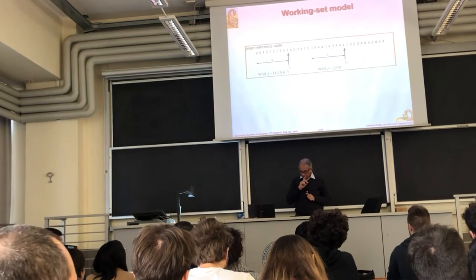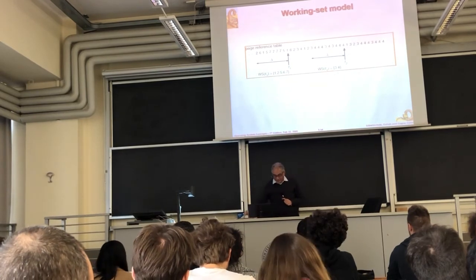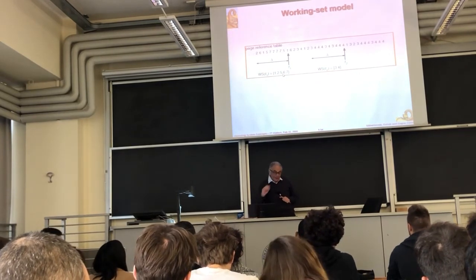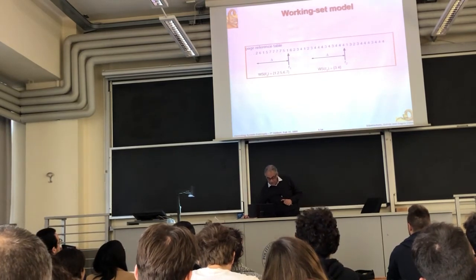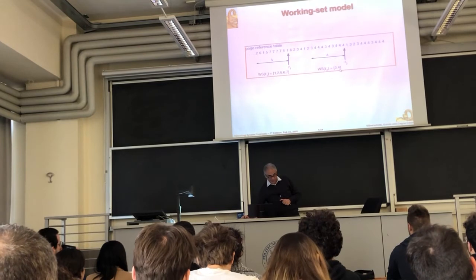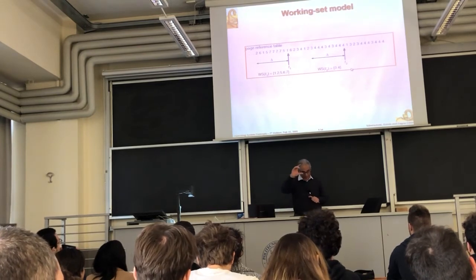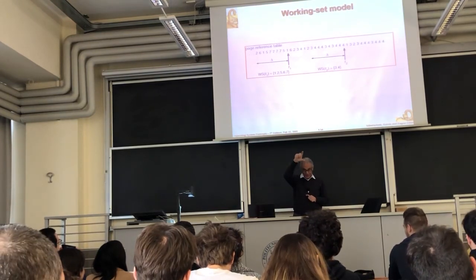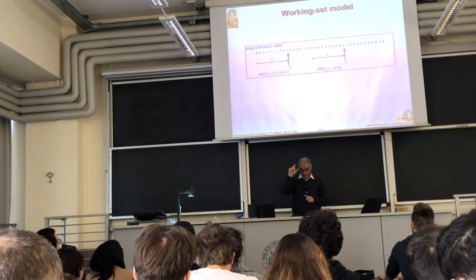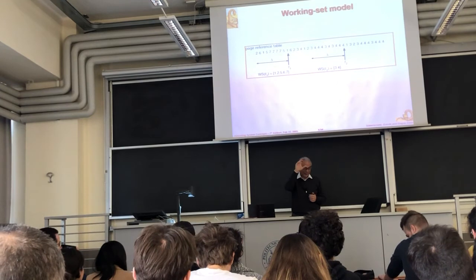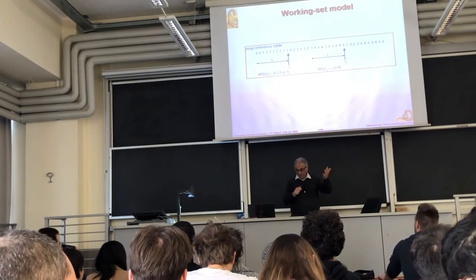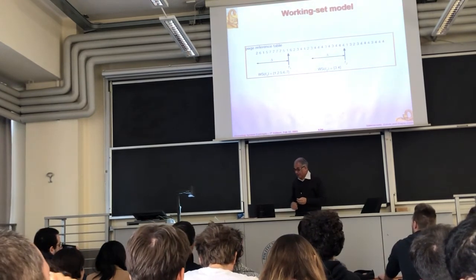First of all, as you can see here, the residence set or working set changes in time, while in the LRU and first in, first out strategy, the working set was fixed. It was the number of frames that we have. Okay?